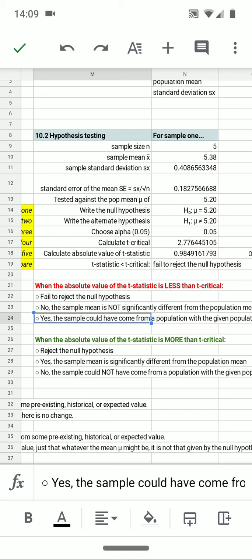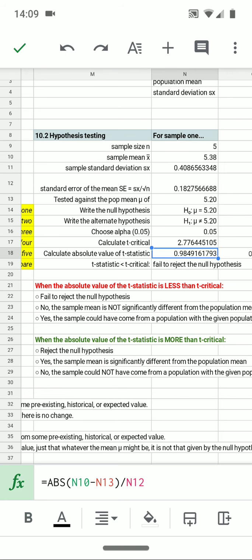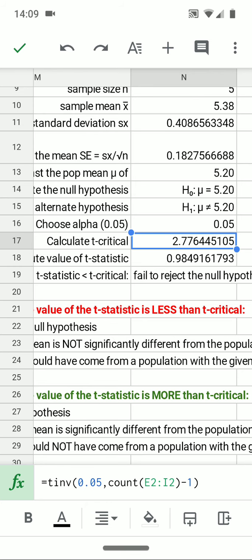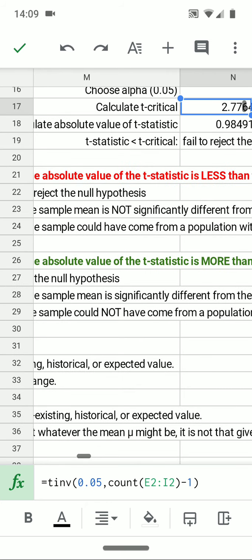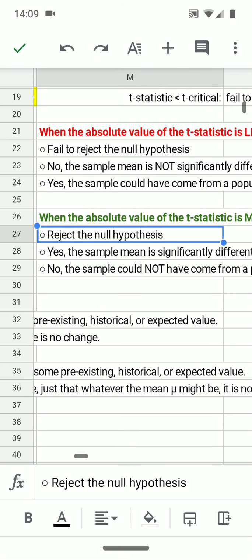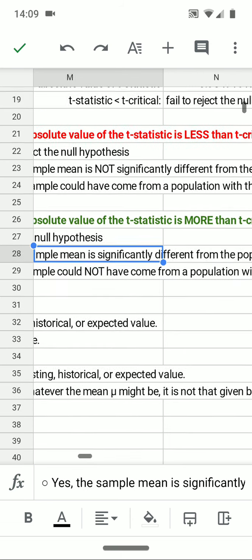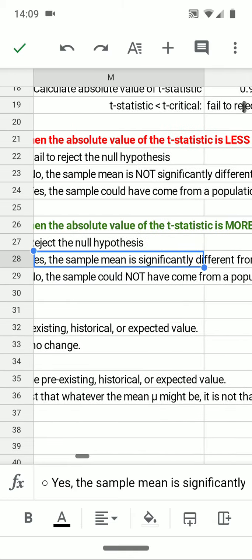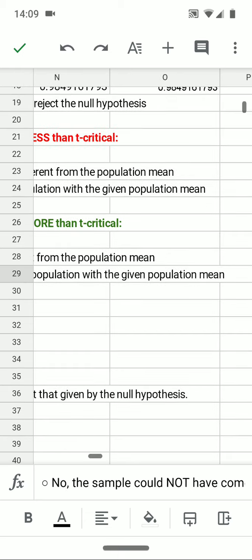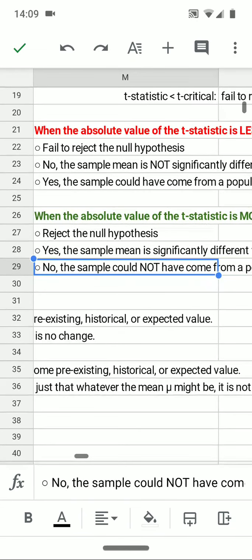When the absolute value of the t-statistic is more than t-critical, when this number becomes larger than that number, and both of those numbers can and do change, we will reject the null hypothesis. We will say, yes, the sample mean is significantly different from the population mean. We will say, no, the sample could not have come from a population with the given population mean.